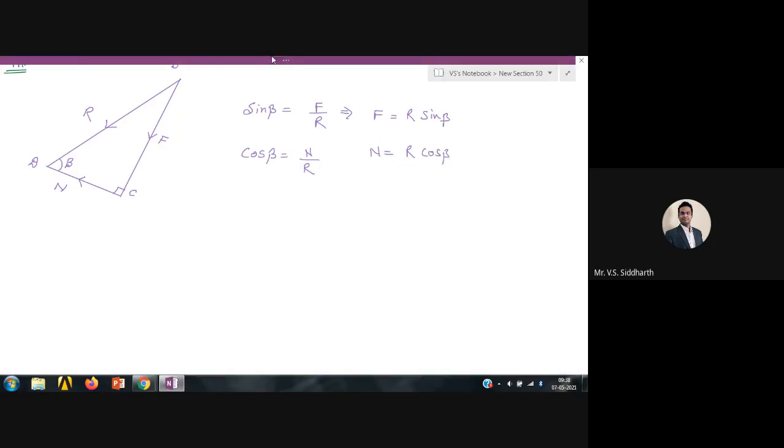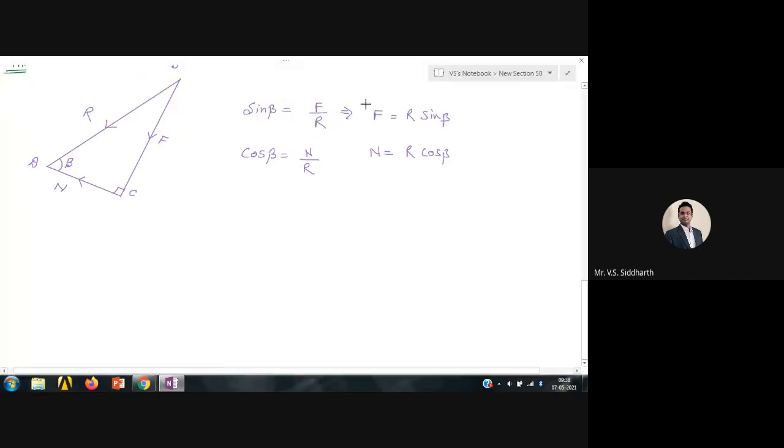So this will be my equation number. How much? My previous equations were 5 and 6.